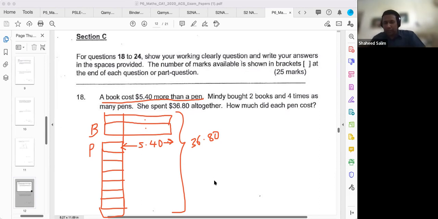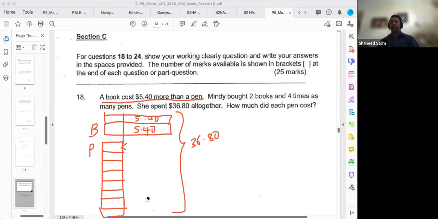You know what to do now? You don't know, this one is 5.40, what? This one is also 5.40. You agree now? So, step 1, what you do? You take $36.80 minus those two 5.40. 5.40 is 10.80, right? Take 36.80 minus 10.80.